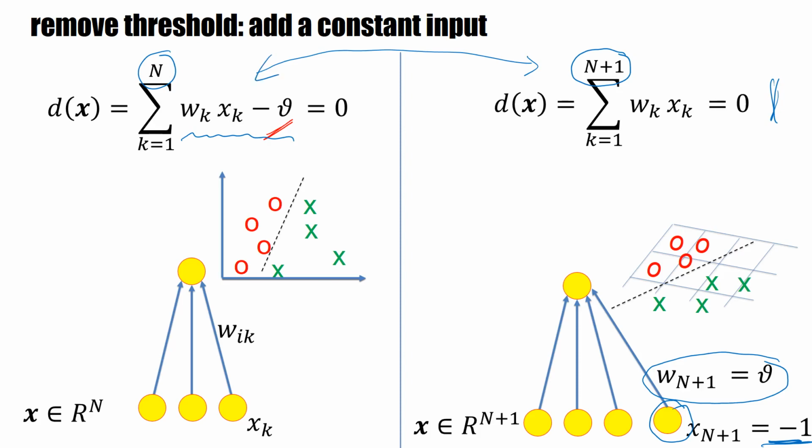So in the geometric picture, I said that the perceptron, or this condition, imposes a linear discriminant function that does not go through the origin. But here theta has gone, so now it goes through the origin. Well, how is that possible? Well, it's possible because we have these n plus 1 dimensions. So we have one extra dimension.